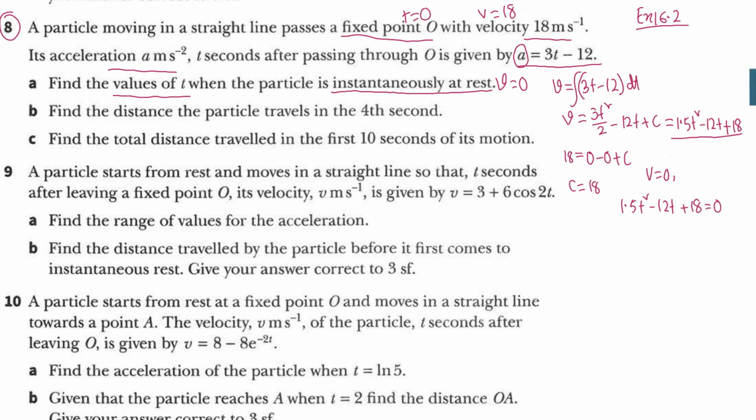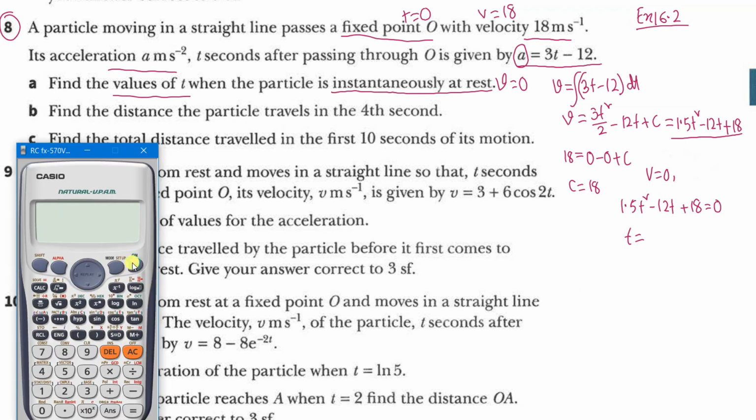To solve this equation, we can get help from the calculator. It's a quadratic equation. So let me press shift mode, directly mode, then the equation is 5, and our quadratic equation is in the stage of question 3. So press here 3.